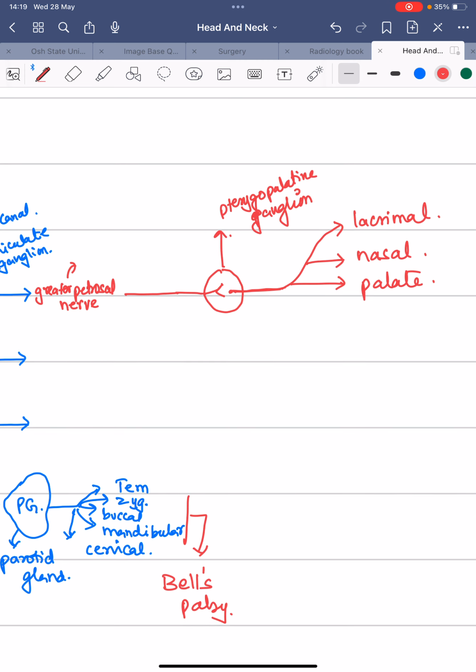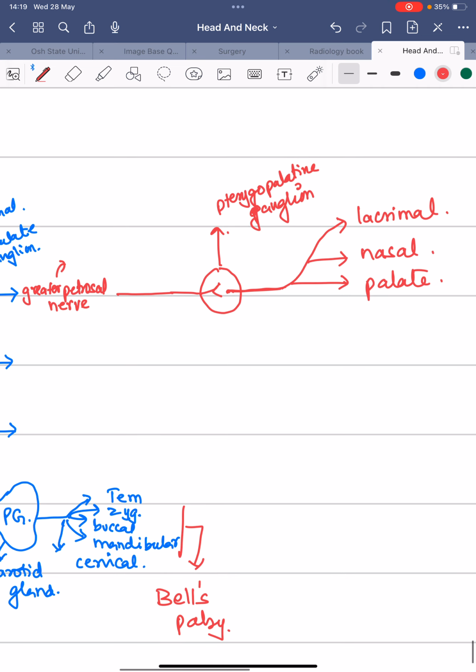So the greater petrosal nerve forms your pterygopalatine ganglion. These preganglionic fibers are the greater petrosal nerve. These postganglionic fibers are from your trigeminal nerve. Okay, trigeminal nerve. Please remember it.